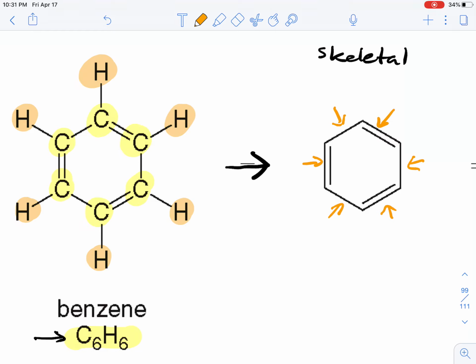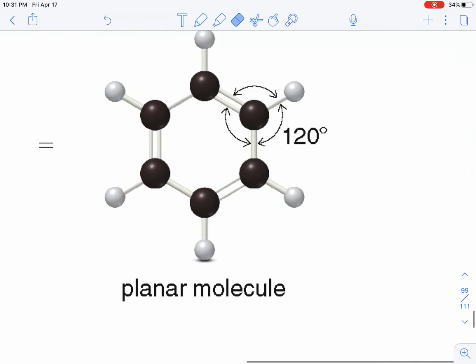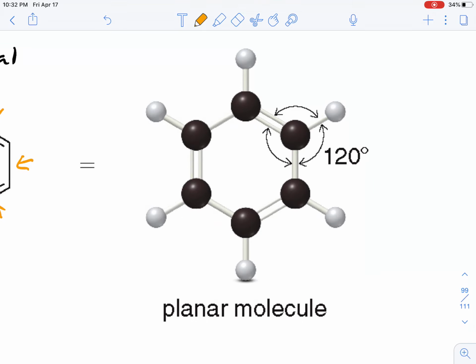All right, so now that we've seen the skeletal structure and the expanded structure of benzene, we're going to go ahead and look at its three-dimensional character. And so if you are looking at this ball and stick model, this ball and stick model is telling you that the bond angle is going to be 120 degrees.